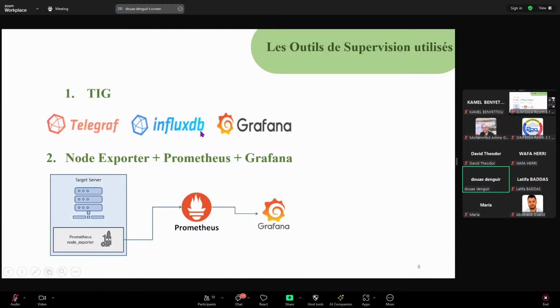This is a first model of monitoring that I used at the start of my project, but it didn't really work because of compatibility issues with the LoRa gateways.